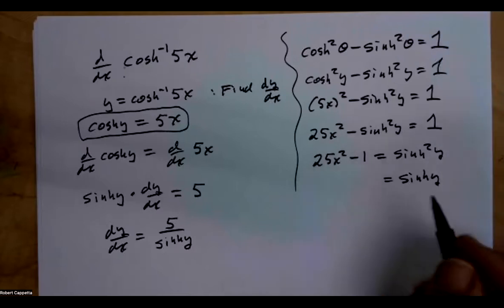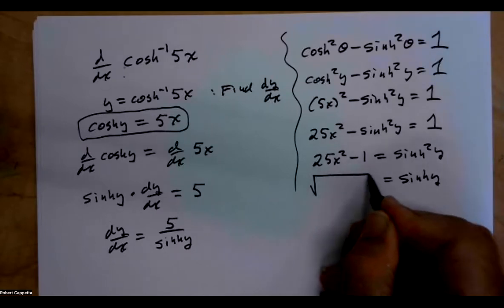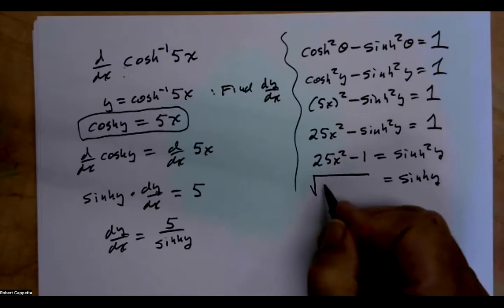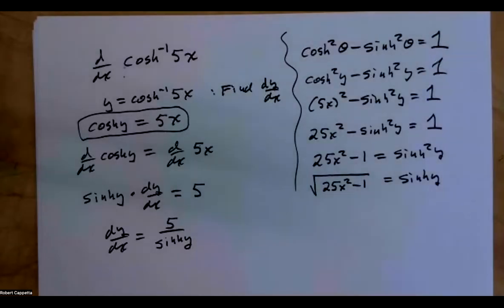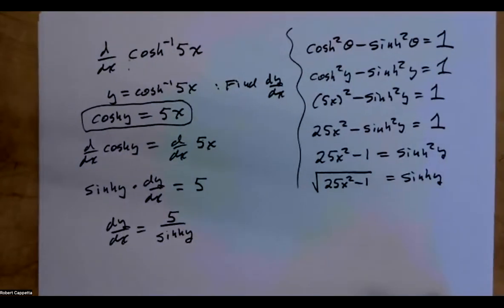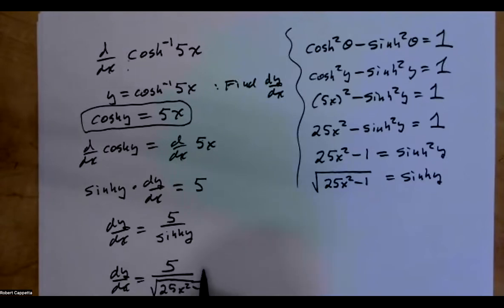Sinh of y is the square root of 25x squared minus 1. So focusing on the positive version there, what does that give me? That gives me dy dx is 5 over the square root of 25x squared minus 1. And that should be our derivative of the inverse cosh of 5x.